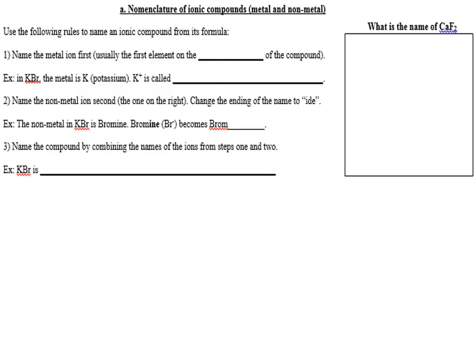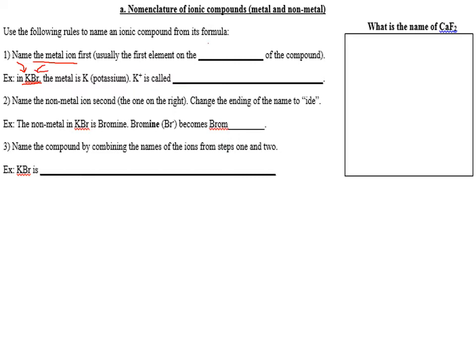So let's start off with our naming. Here are the general steps for naming binary ionic compounds. Your first step is going to be to name the metal ion first. So let's say we wanted to name KBr. You have to find your metal ion. The metal is the one on the left. By convention, metal is on the left, so potassium, and nonmetal is on the right, the bromine over here.